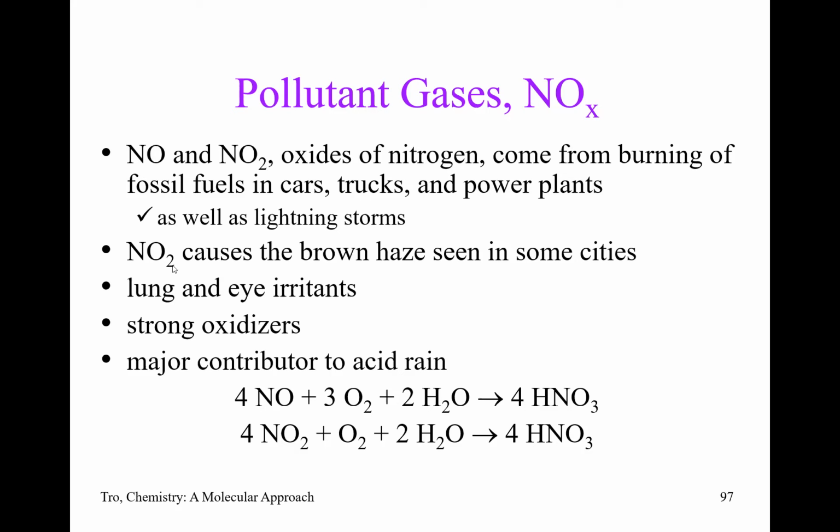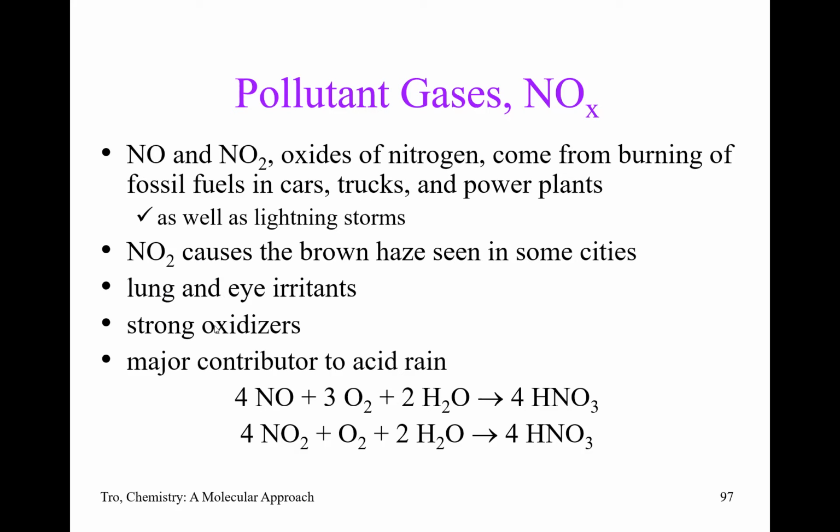NO2, you see this when you fly into the classic cities, or Mexico City or LA in the summertime. You'll see sort of a brown haze in these type of cities. Same thing, it irritates your mucous membrane, so your lungs, your nose and throat and eyes.